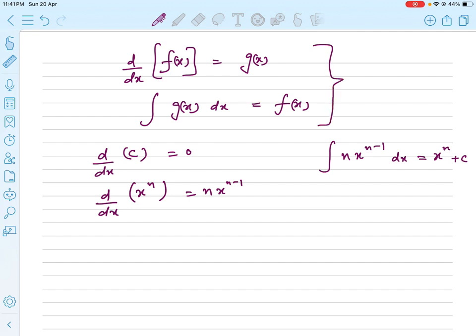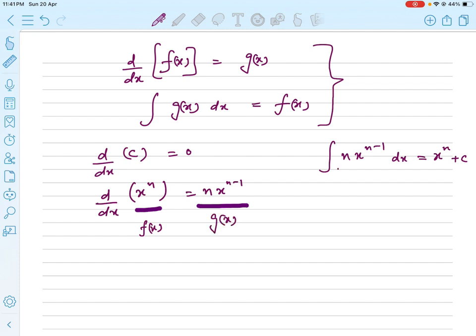So this is the result of what we discussed here. What I mean by this is that I have a function x to the power n, I differentiated it, I got another function g(x), right? So let's assume that this function is f(x) and I differentiated this function, I got g(x) as the answer.